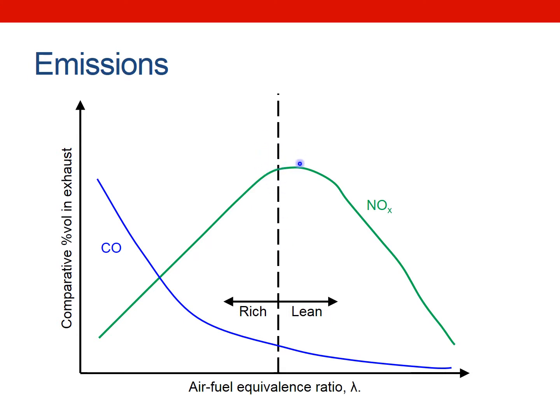But here you notice the NOx peak is actually on the lean side rather than on the rich side, and the reason for that is that on the lean side you have excess air. So the peak temperature is just about here, but here it's still hot enough to produce NOx, and because you have excess air, because it's lean, that's why your peak NOx is on that side.